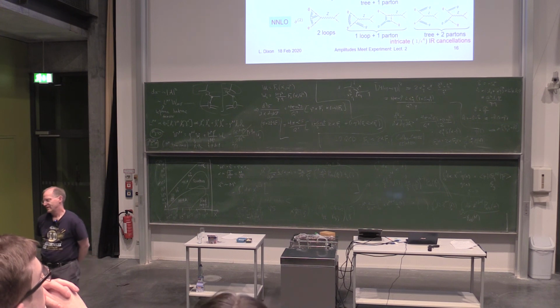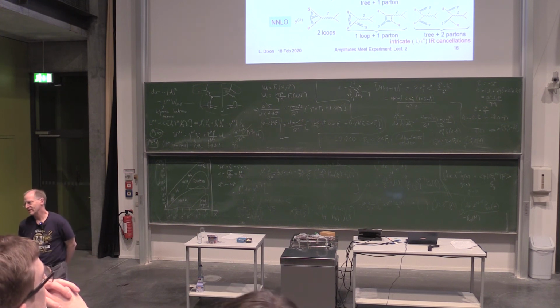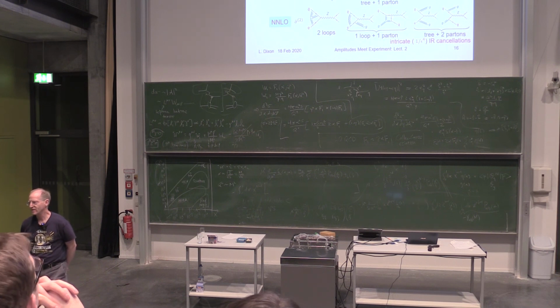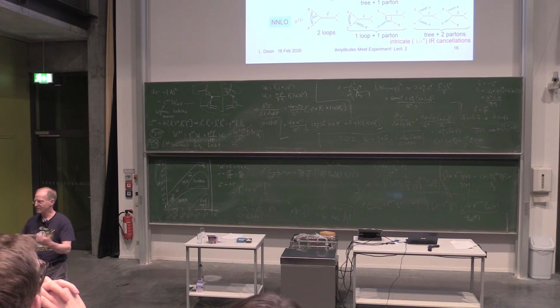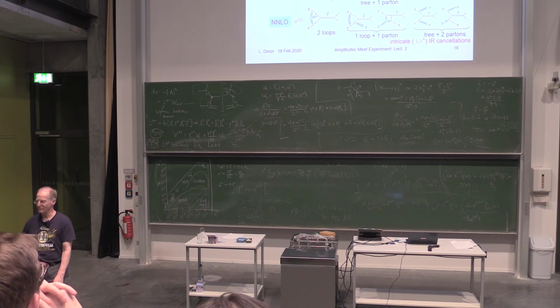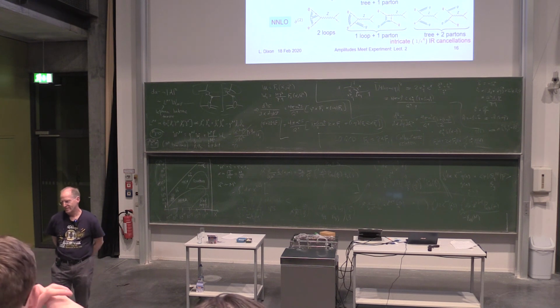So there were old studies of this, like Gribov, Lipatov, and Ryskin, discussed how some of these more nonlinear effects would occur. I don't know that they've been visible at the LHC yet. I haven't kept track of that. Maybe some people have done it.